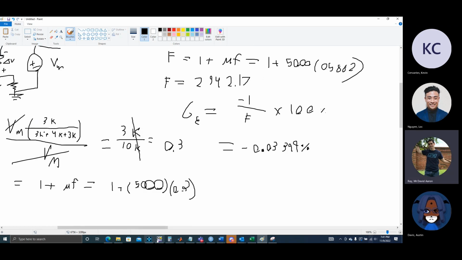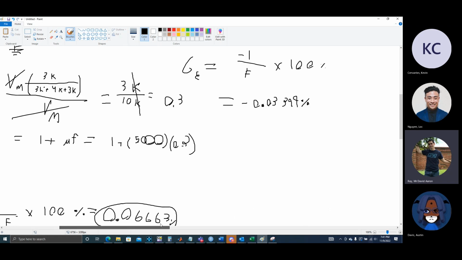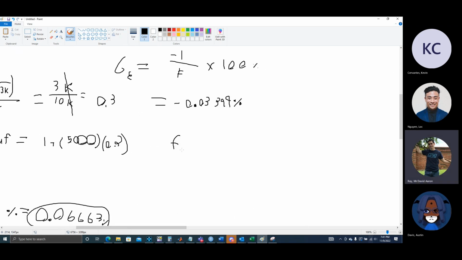And then from there, we saw that our closed loop frequency was just 1 plus mu F times F open loop. So FCL is just really equal to our return difference times open loop, because we're just substituting in 1 plus mu F for F open loop. And then that's 100 times 2942.17, 294,217.